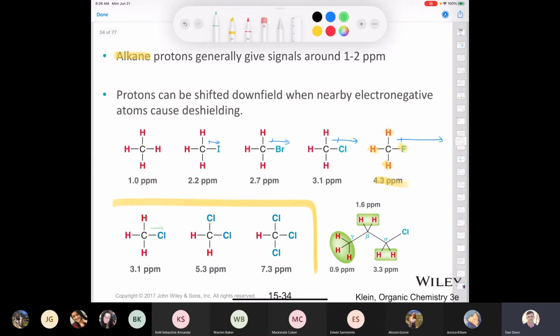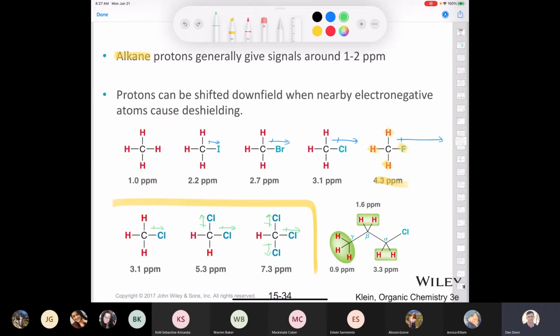If we have one, that's got some deshielding effect compared to methane. If you add two, then you've got two electron-withdrawing groups. Then you get three. What happens is that the protons that are left over are more and more deshielded. And the more deshielded a proton is, the greater the chemical shift will be.